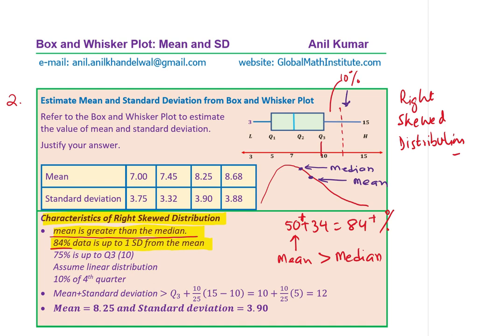So what we are trying to say here is, since the value is slightly towards the right, instead of 9 which we took in our calculations earlier, we are taking 10% for an estimate. So Q3 gives you 75%, correct? Plus 10% will give you 85%. So that is slightly more than 84% for an estimate, right? So it's not a bad estimate at all. So Q3, the value which you can read from here, is 10. So we write 10 for Q3, and then 10 over 25 of the values distributed, 15 minus 10, which is 5, gives you a value of 12.